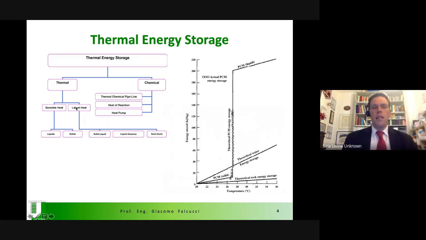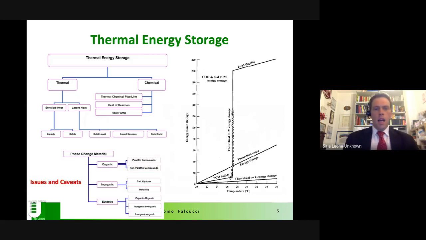The difference is that the sensible heat sees a large increase in temperature in order to store thermal energy, while the latent heat systems can store a lot of energy at almost constant temperature. This is the trick, you can say. This is their main characteristic.